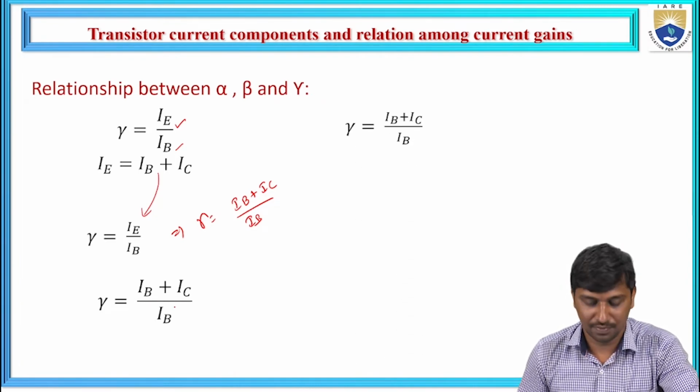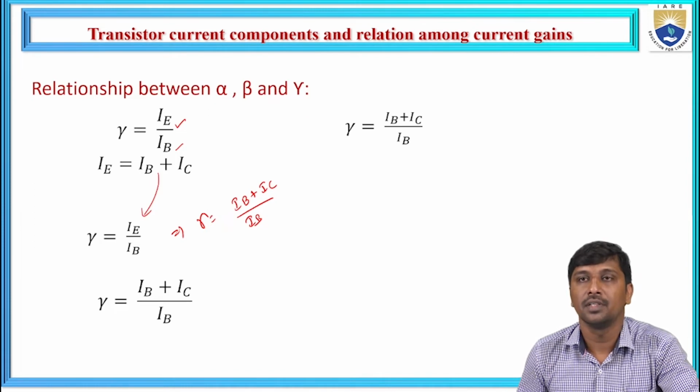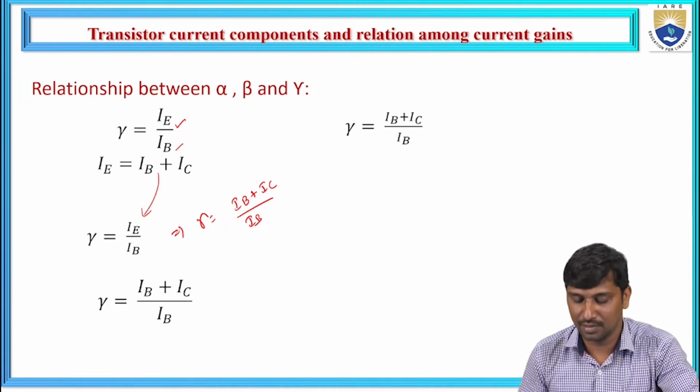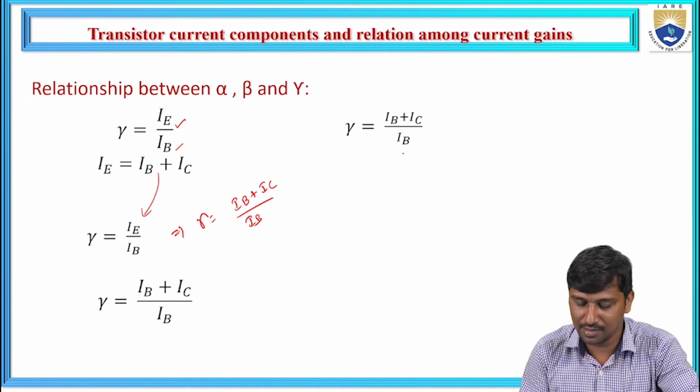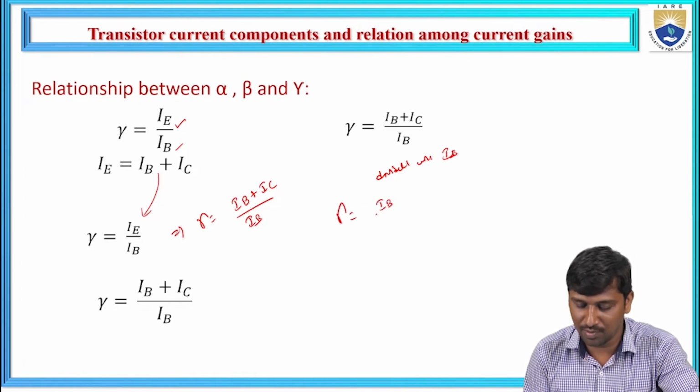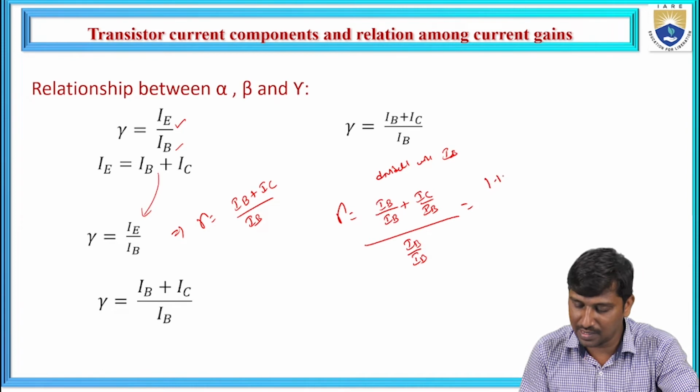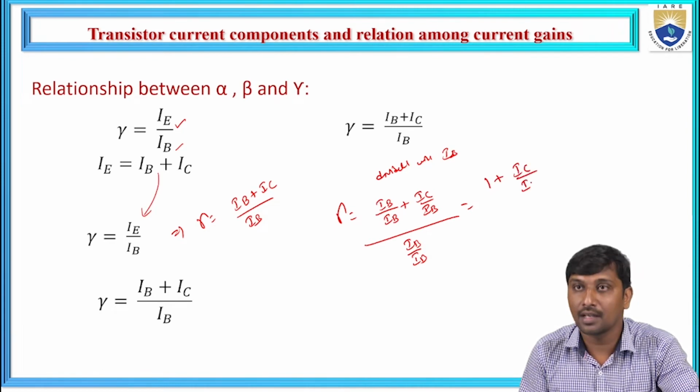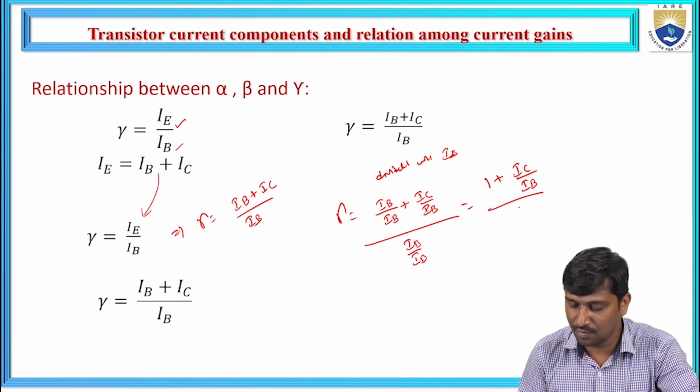Now I'm going to divide the denominator and the numerator by the IB value. So gamma is equal to (IB by IB plus IC by IB) divided by (IB by IB). This is 1 plus IC by IB, divided by 1.